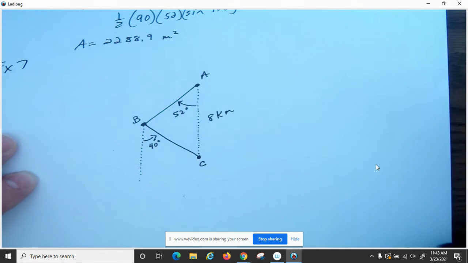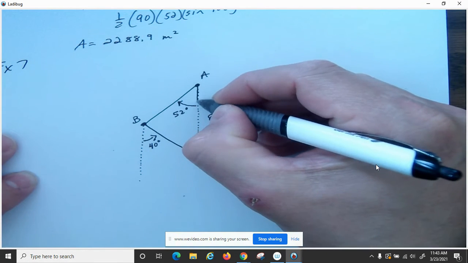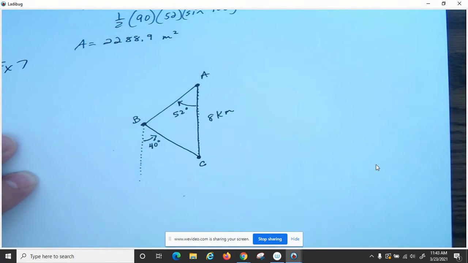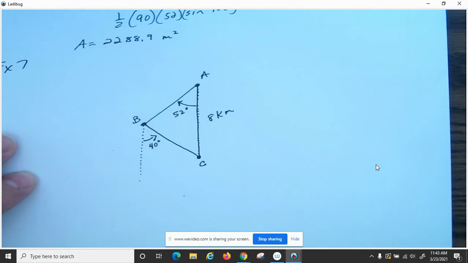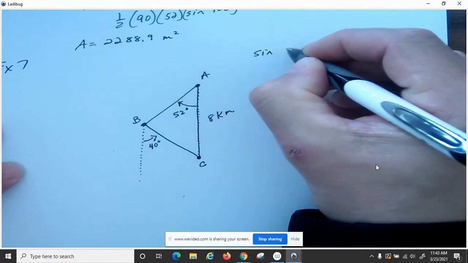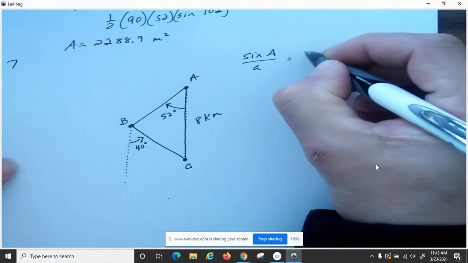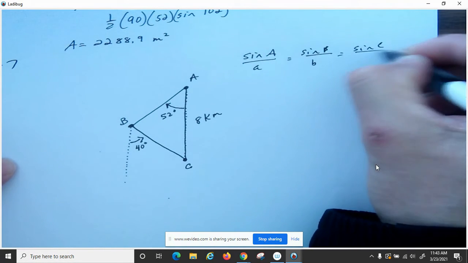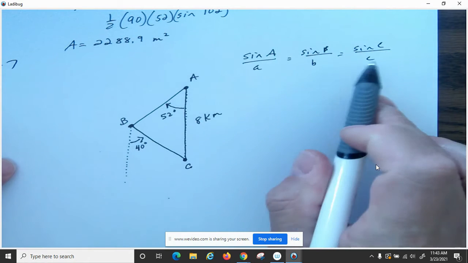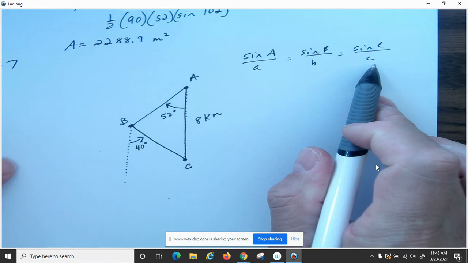I want to find the length of the race, which means I'm basically finding the perimeter of this triangle. All right, so I already know one side. I need to know the other two sides. And also, for me to use the law of sines, I need some more information, because if I look at the law of sines formula, one of these ratios has to be complete.